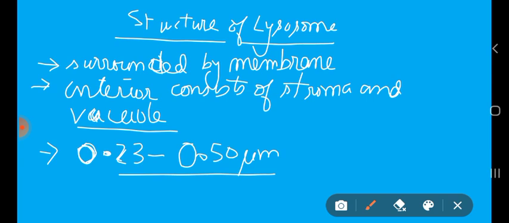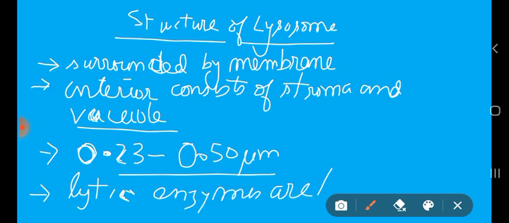Various types of lytic enzymes are found, right? Although lysosomes are believed to be common in animal cells only, their distribution in animal cells also suggests that they may be found in plant cells also.